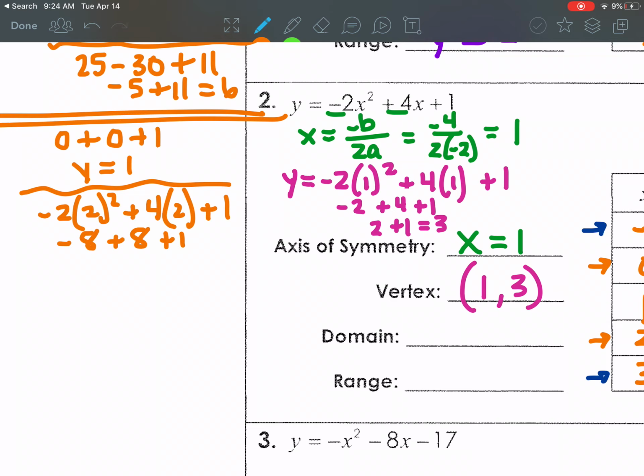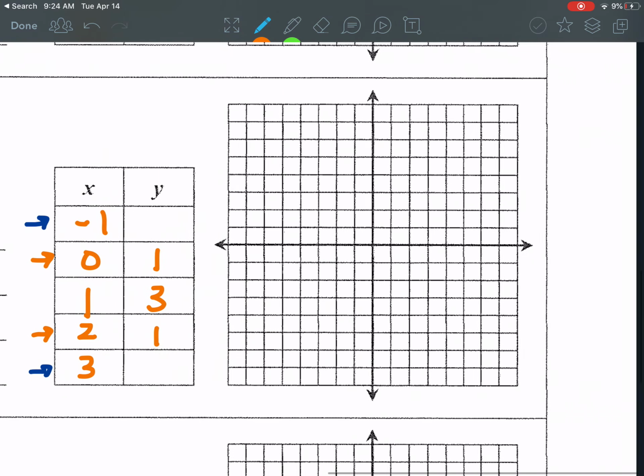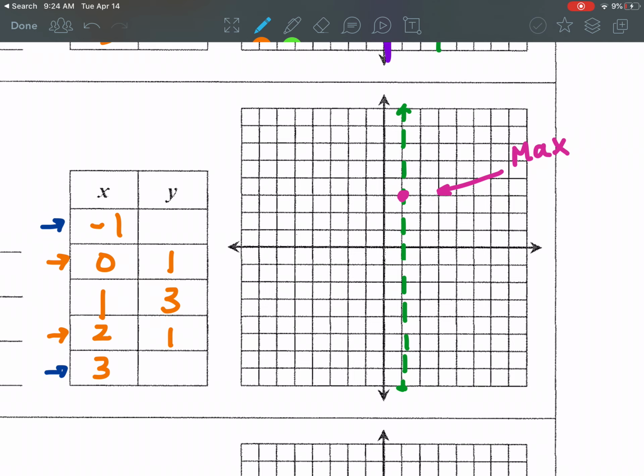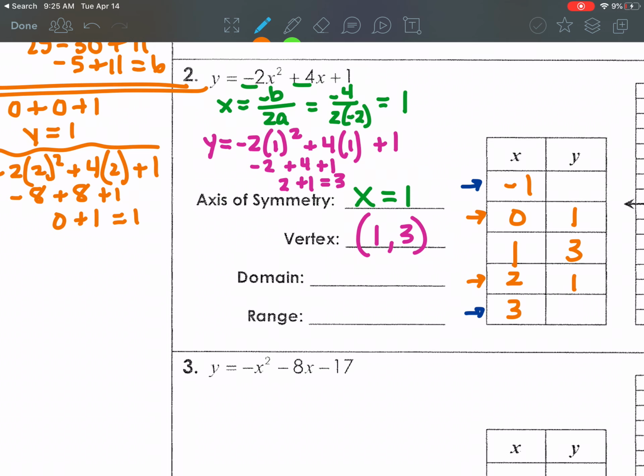Plus 1. -8 plus 8 is 0. 0 plus 1 is 1. So y is 1. All right, and we can plot those points. So 0, 1, 2, 1. Again, they are mirrored across that axis of symmetry.